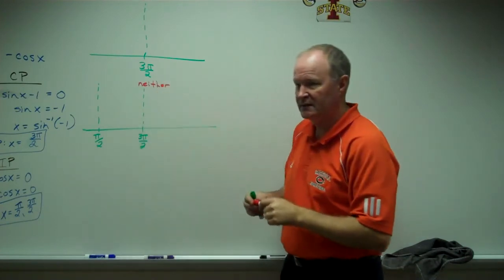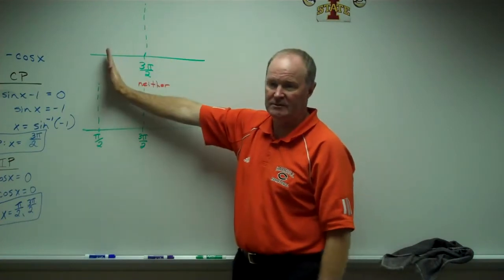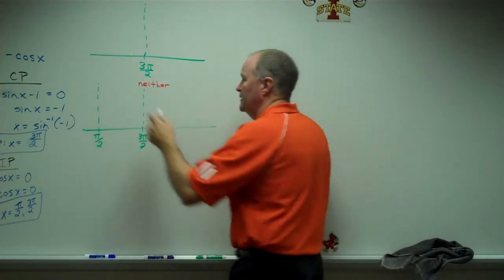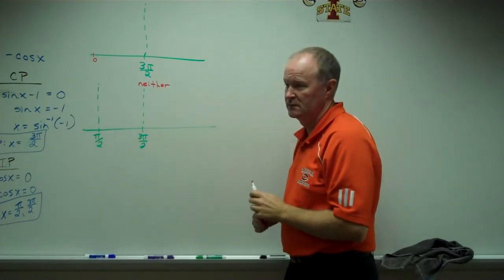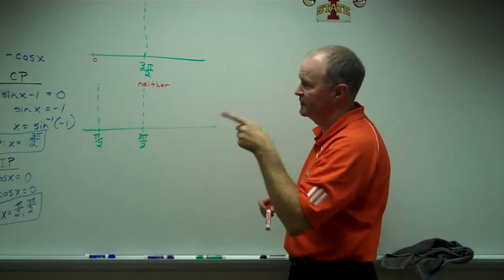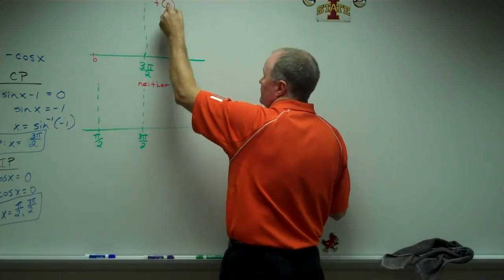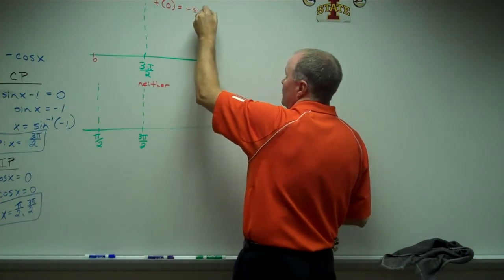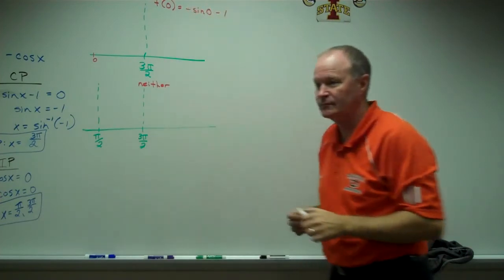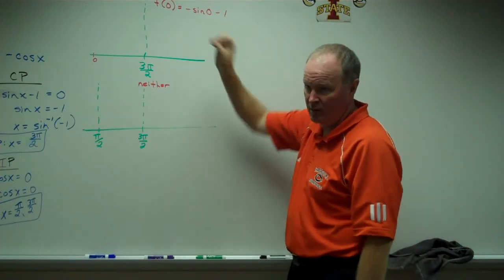So how am I going to find increasing and decreasing? Plug in numbers, right? Here's the nice part. You can use 0. If I plug it into the first derivative, f prime of 0 is the opposite of the sine of 0, minus 1. Sine of 0? 0.